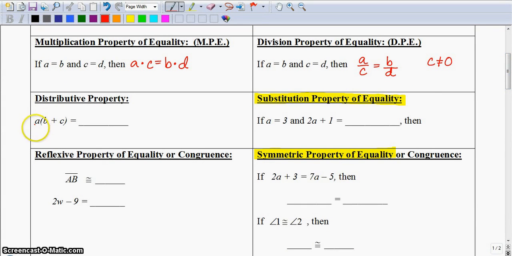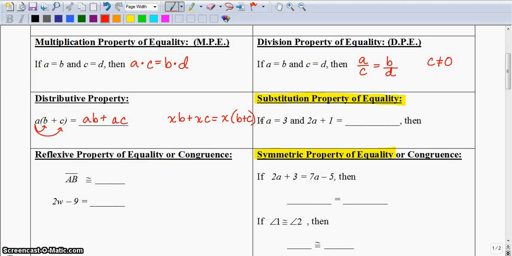Distributive property lets you distribute across addition or subtraction. You can also use this property backwards to factor, and pull out a common factor like so. And we'll still call it the distributive property.